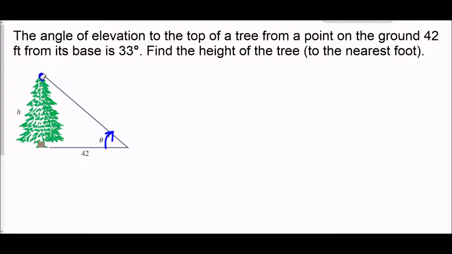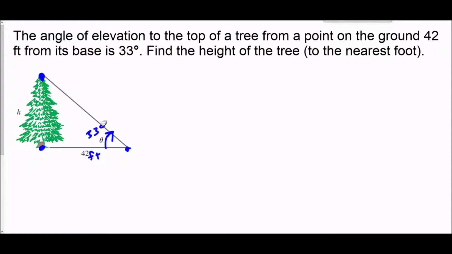It then says that you have a distance of 42 feet. And also add the units here. So you've got 42 feet from the point where you're standing to the base of the tree. So that's 42 feet, and the angle of elevation is 33 degrees.